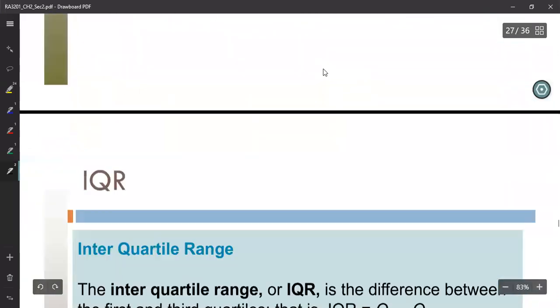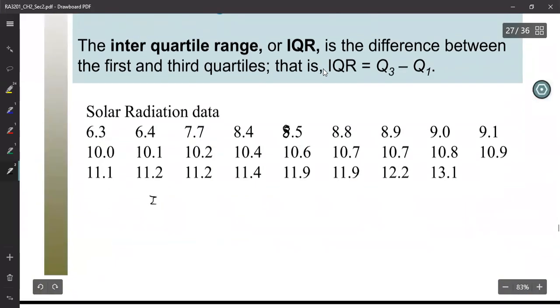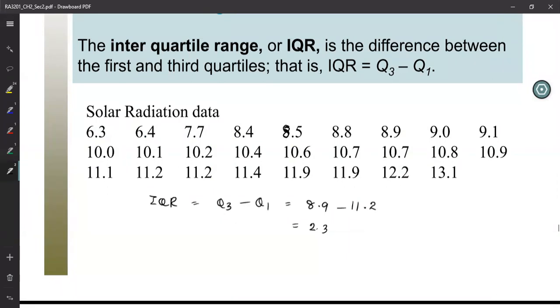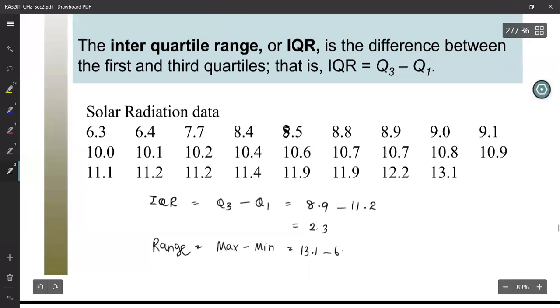Very easy. 11.2 minus 8.9, which is 2.3. Yes. So what is the range? Max minus min.